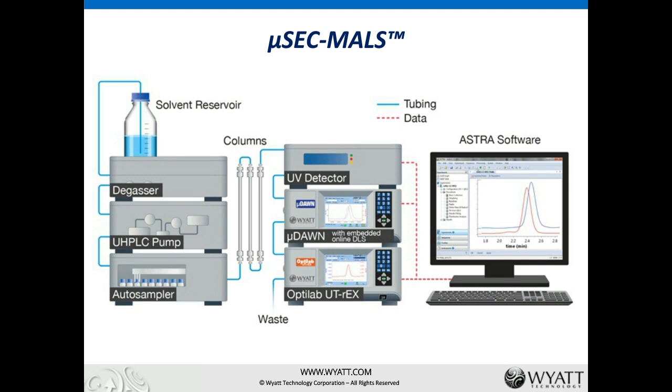The RI detector can measure protein concentration without the knowledge of UV extinction coefficient. And actually, by combining UV and RI data, we can calculate protein extinction coefficient. The RI detector is also needed for protein conjugate analysis.